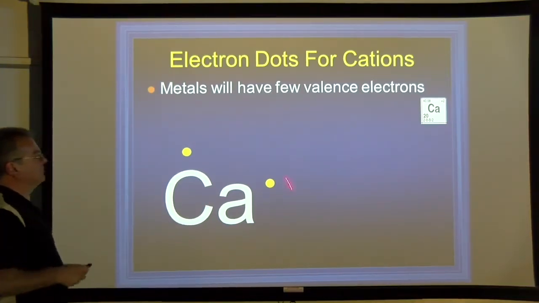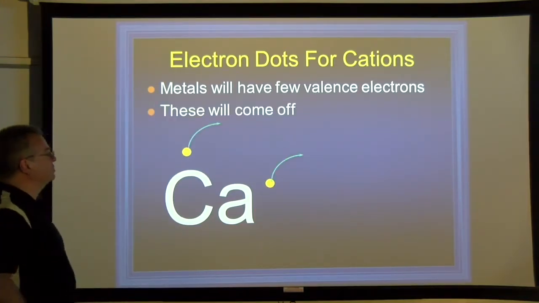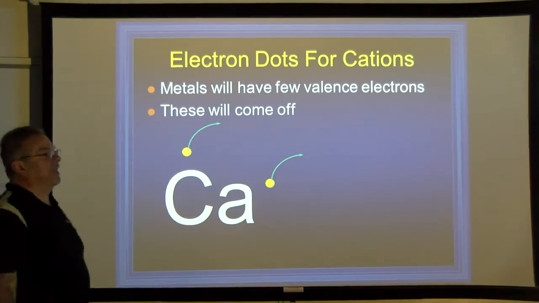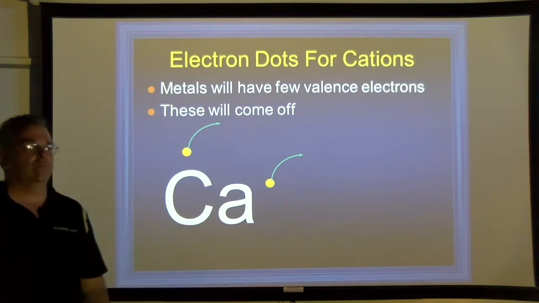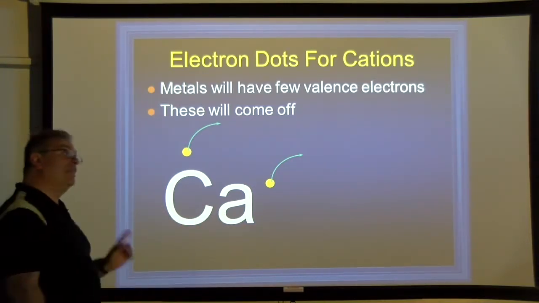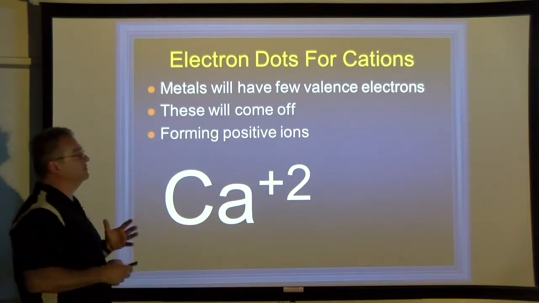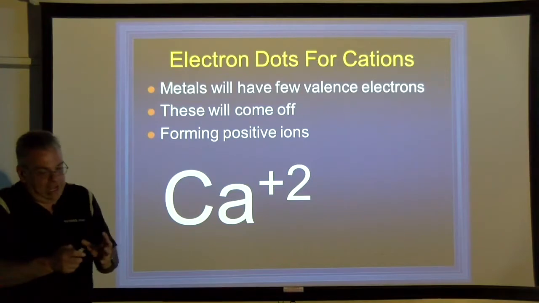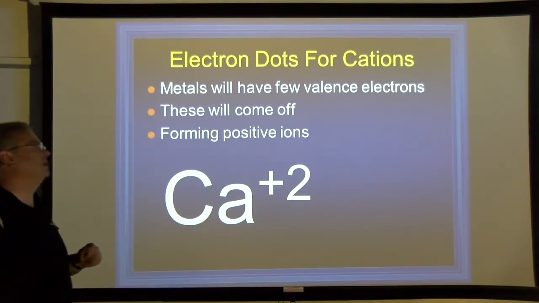So calcium, if you drew the Lewis dot structure for it, 1 dot, 2nd dot, if it becomes an ion, it's going to lose those electrons. Now, it doesn't want to lose those electrons. It's being forced to do that by some other atom drawing them away. That's important to note. But when that happens, and they lose those electrons, and it becomes calcium with a +2 charge, it's going to shrink, become more difficult to take electrons away.